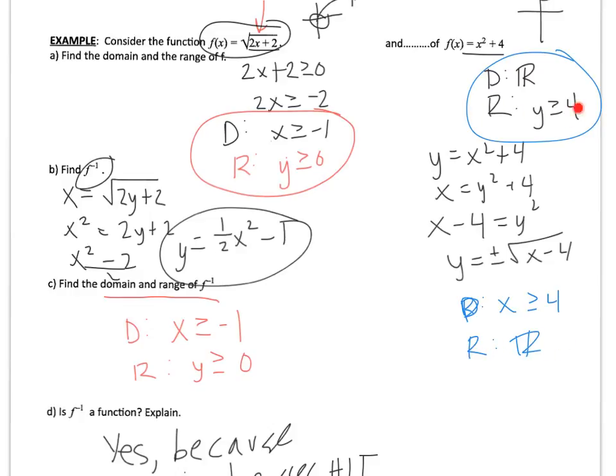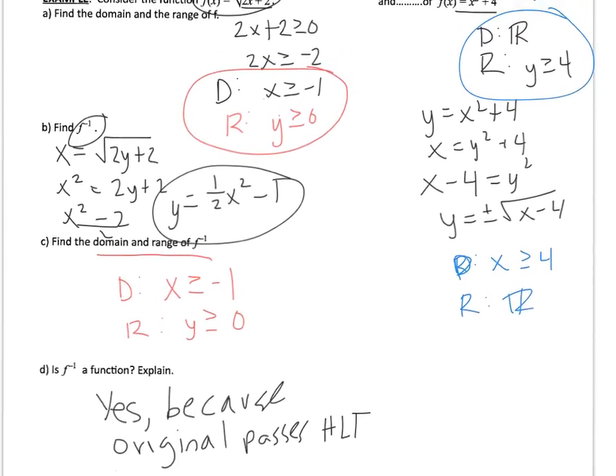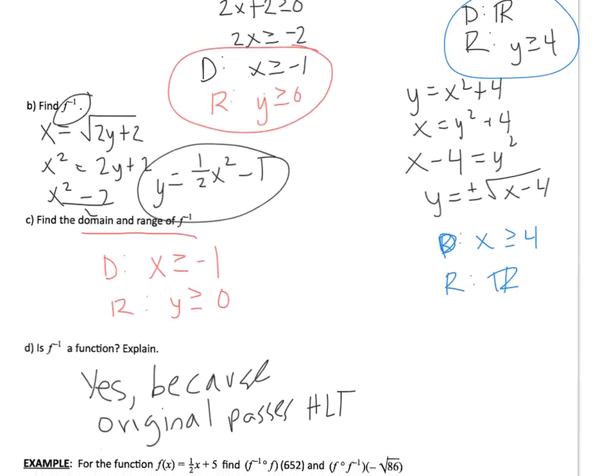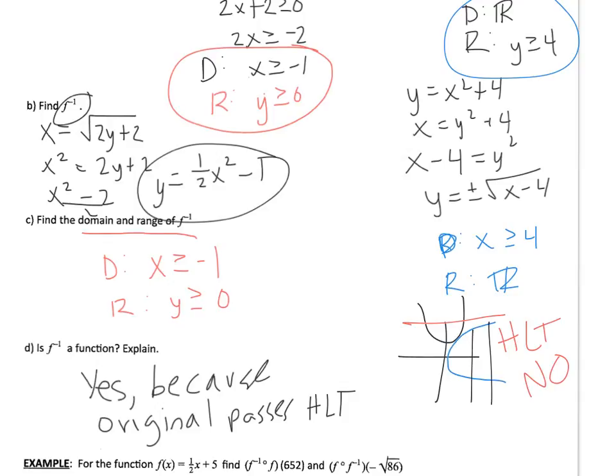The range is y greater than or equal to 4, so the domain is x greater than or equal to 4. Is f inverse a function? So f inverse is not a function because the original problem did not pass the horizontal line test. And therefore the inverse looks something like this, and that doesn't pass the vertical line test.